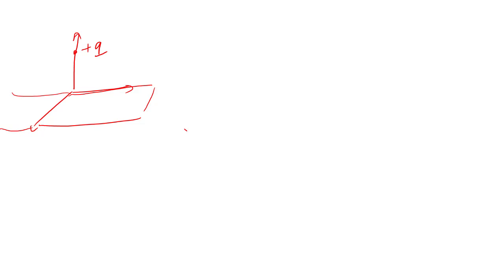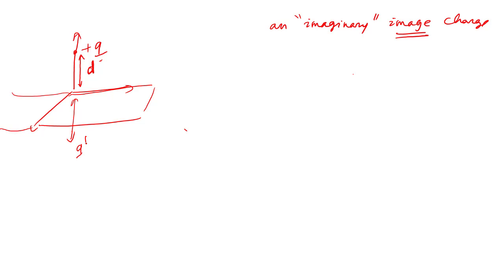So we placed an imaginary image charge, and we are calling this image because this plus q is a distance d above, and in our alternative configuration to find out the scalar function that satisfies the boundary condition, what we did was we placed another charge, some other charge q prime, at some distance x prime.